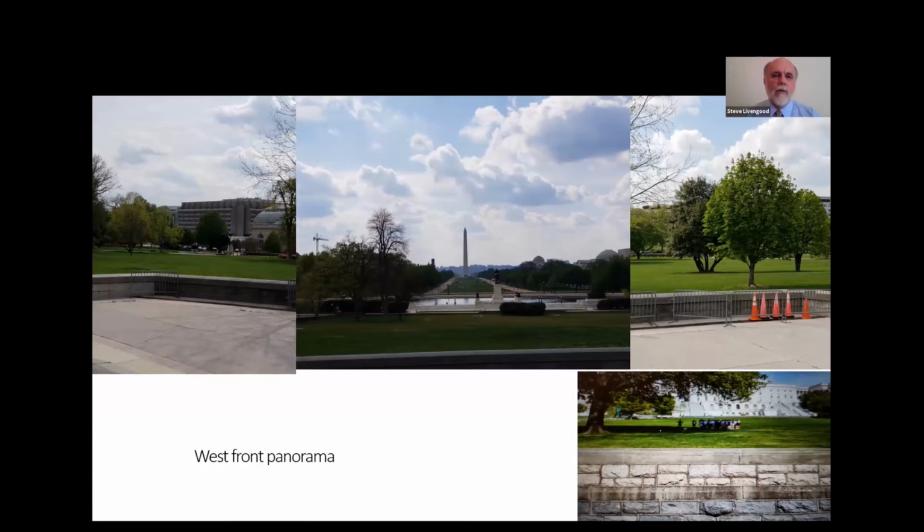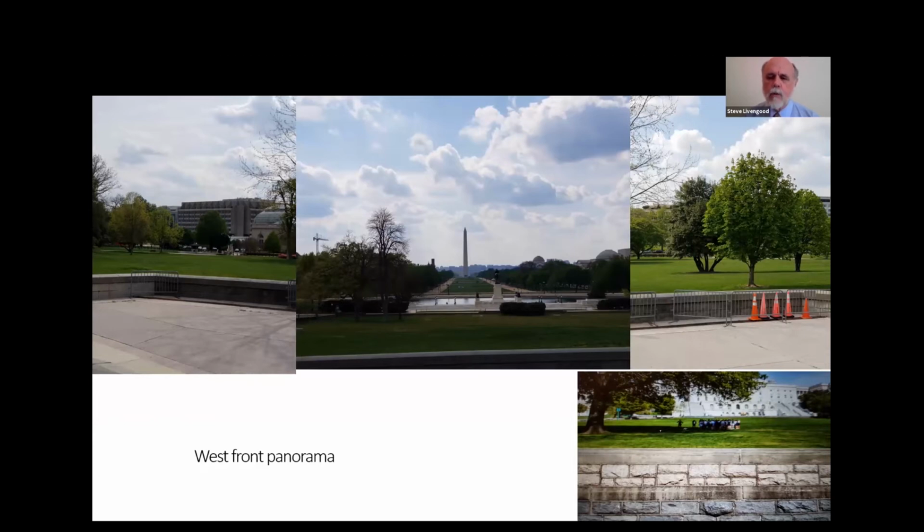Now we're around on the west front, looking the other way. You can see we've got the Washington Monument in the middle, and what I've done is to show a panorama of the three sweeping lawns that you saw at the bottom of the map. And then at the bottom, you can see a view looking back toward the Capitol across the central lawn there.